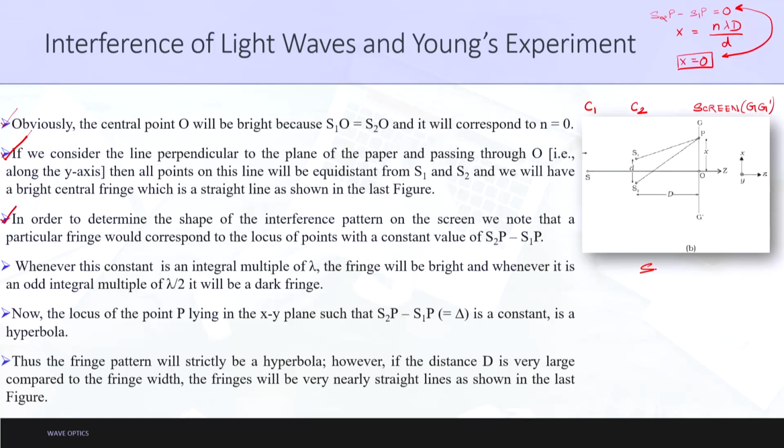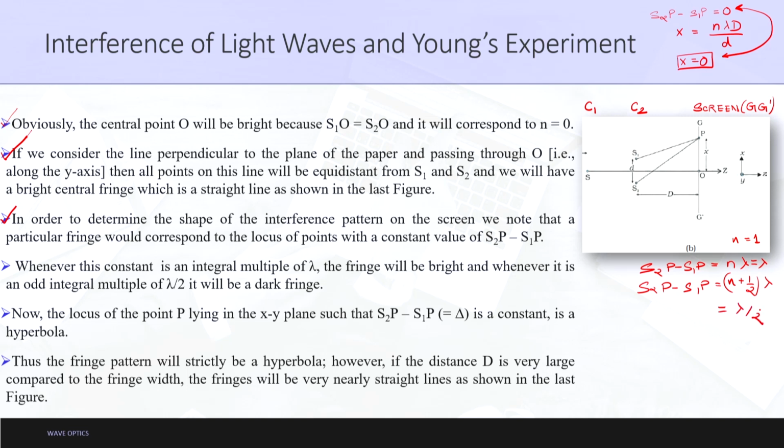From the last concept I explained to you that S2P minus S1P can be equal to n lambda for coherent addition, and for incoherent addition it is (n plus 1/2) lambda. Let us say I explained for n equal to 1: it will be lambda in one case, and lambda by 2 in the other.